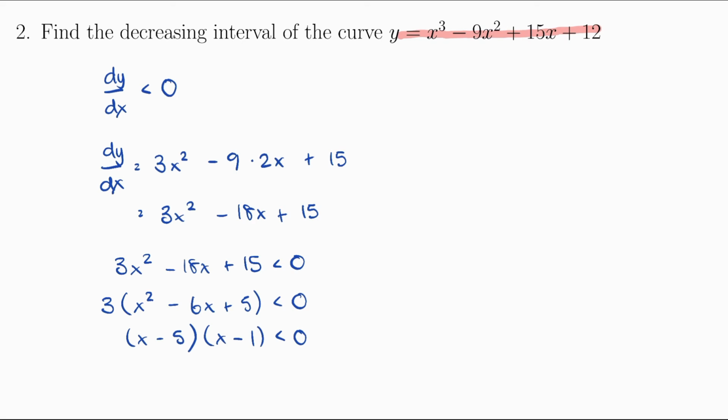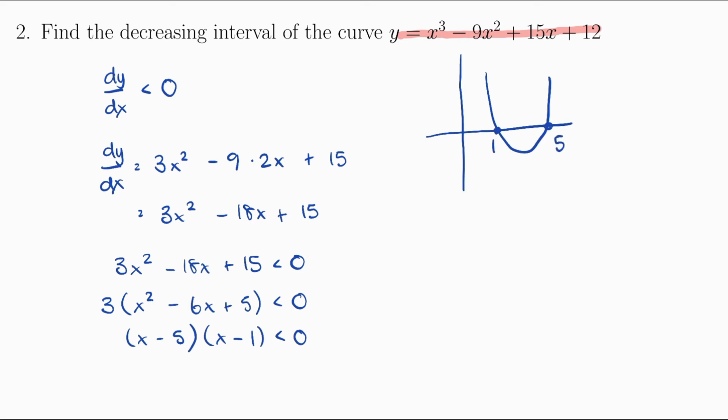One of the methods that I will be presenting here is we can sketch the quadratic x squared minus 6x plus 5. Since the coefficient of x squared is positive, the parabola is U-shaped. We can see that the x-intercepts are at x equals 1 and x equals 5. So we can quickly sketch this out: a U-shaped graph that intersects at 1 and intersects at 5.